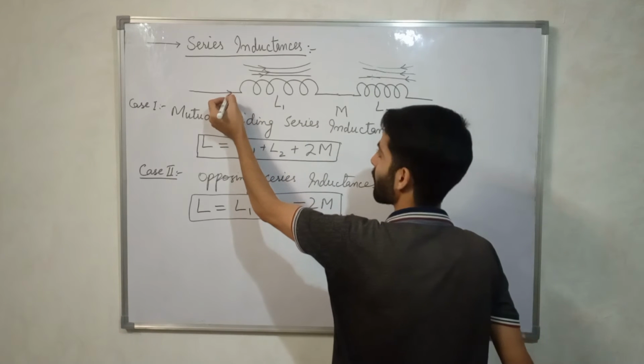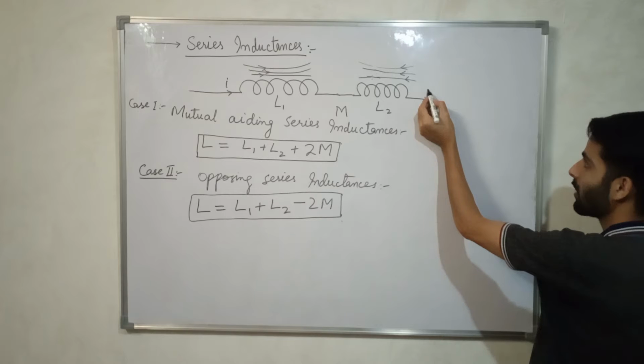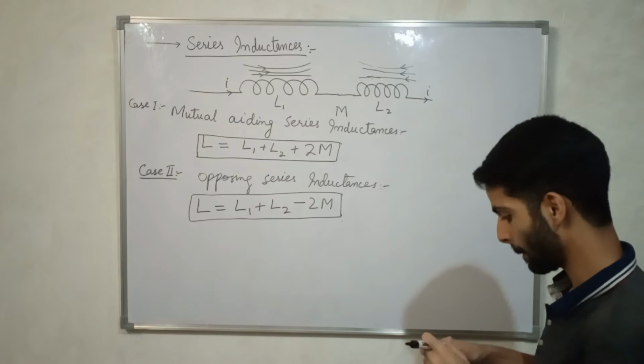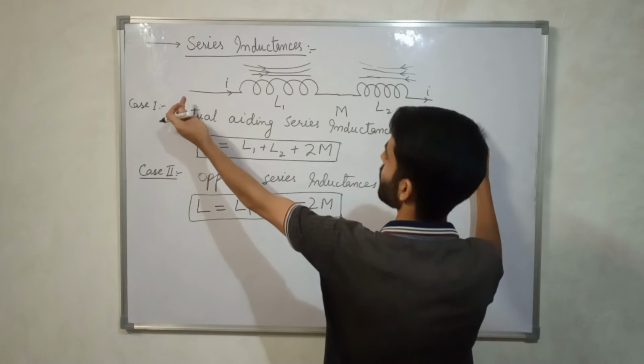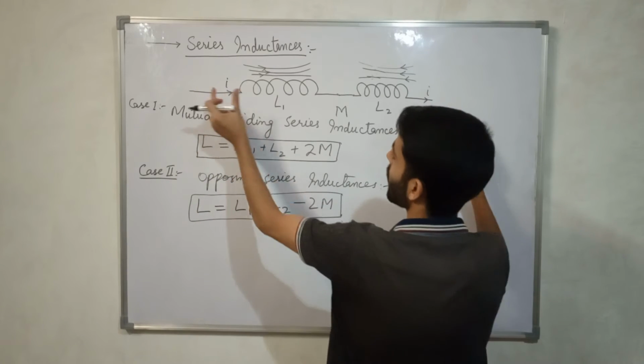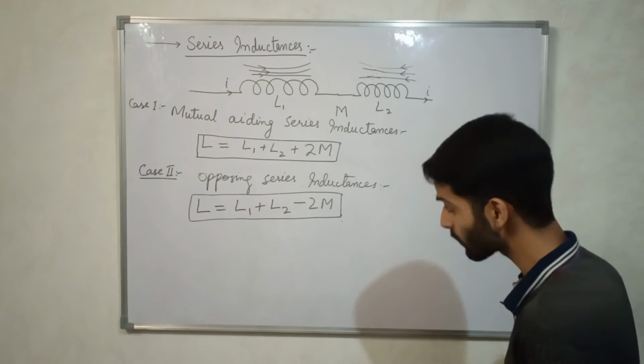Say current I will flow from here, the current I will leave. But for the voltage, total voltage lies between those two points. The drop for this will be different, why?